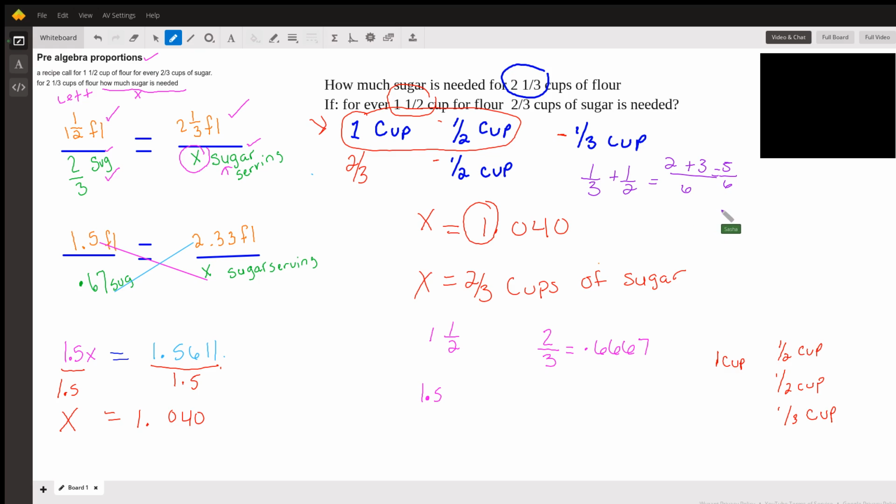Remember? 6/6 is equal to 1. So 5/6 is not enough to make 1 cup. Okay? So as you can see, just by expanding your question, you can see we only need 2/3 cups of sugar because we were only able to take 1.5 cup out just one time.